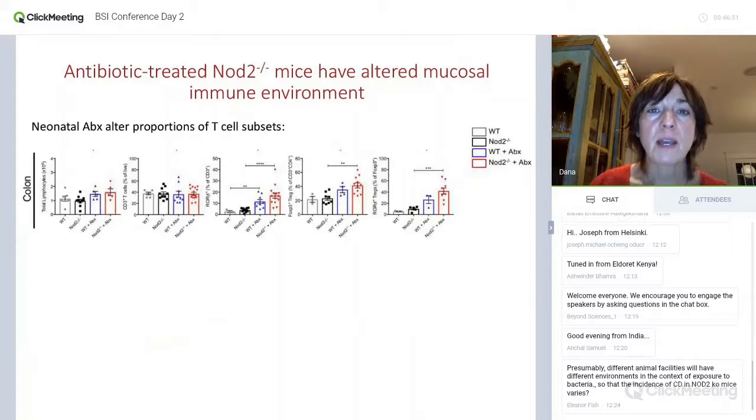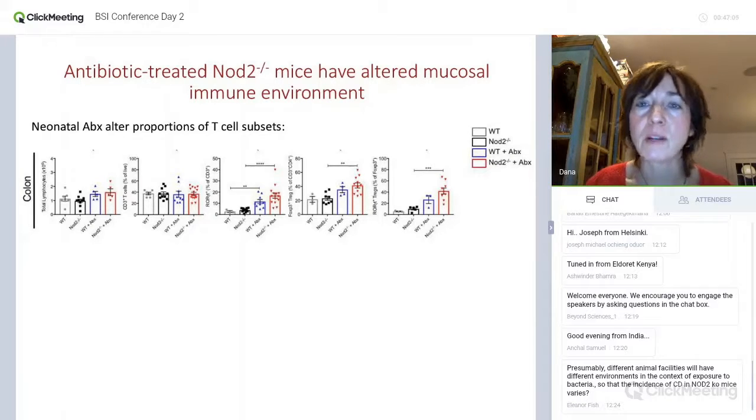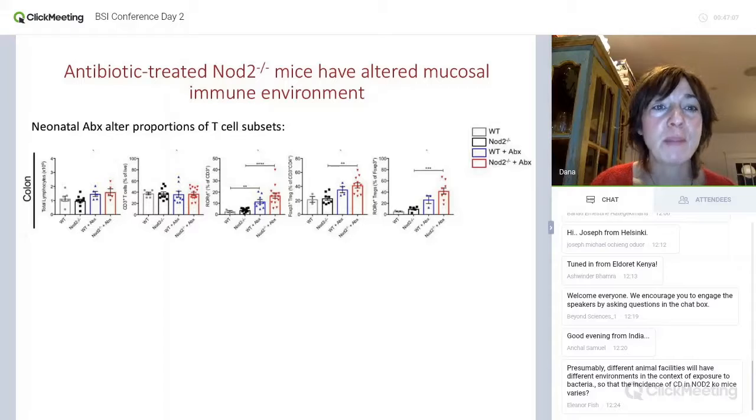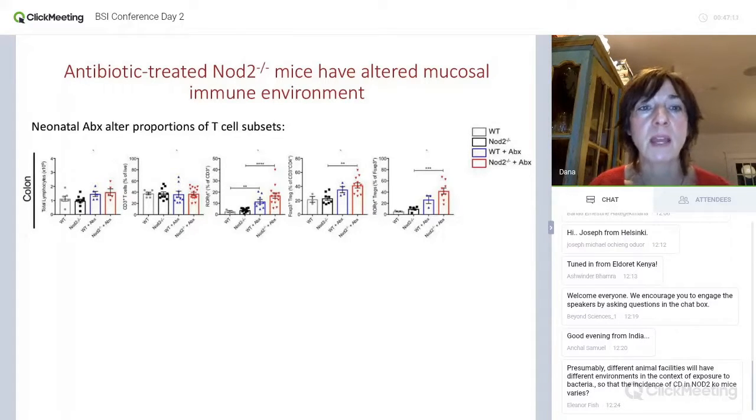We then wanted to look at how the antibiotics are affecting the mucosal immune environment, and maybe this could explain why we're seeing a greater degree of inflammation in these animals. I'm not going to go through a lot of details because I'm going to go over time, but basically the neonatal antibiotics, in both wild type mice and in Nod2 knockout mice, perturb the proportions of T cell subsets within the gut.